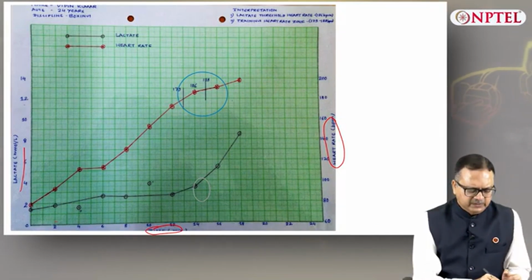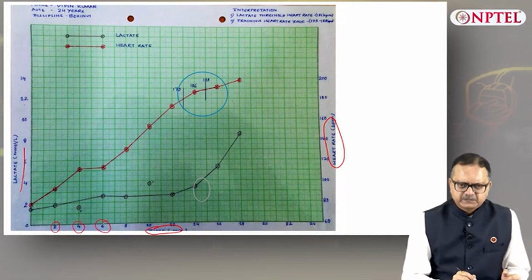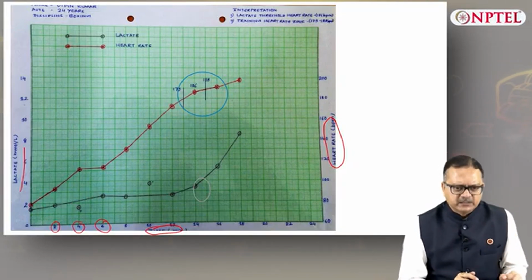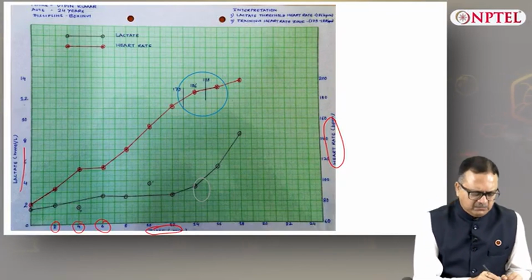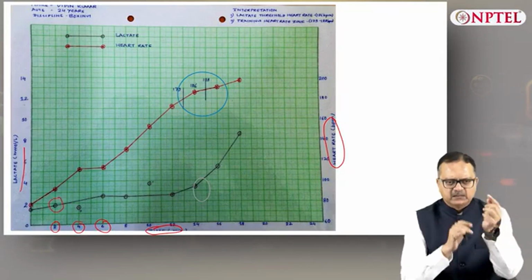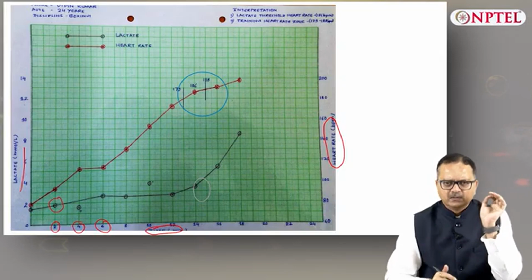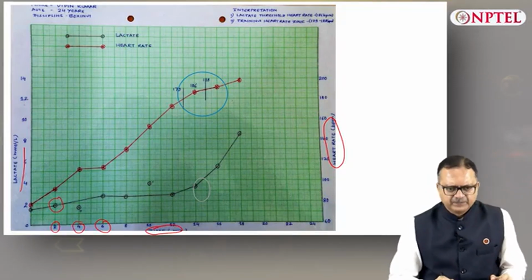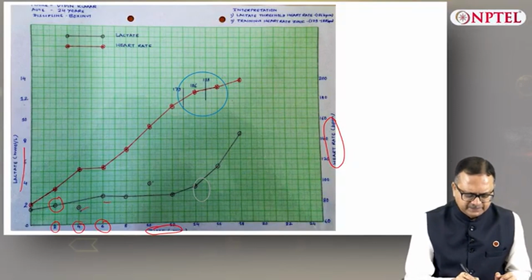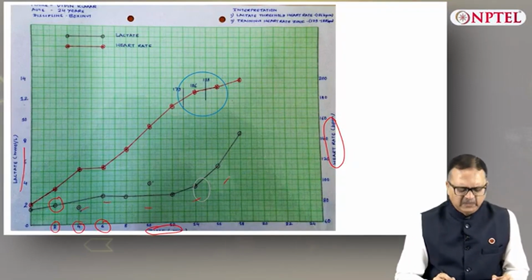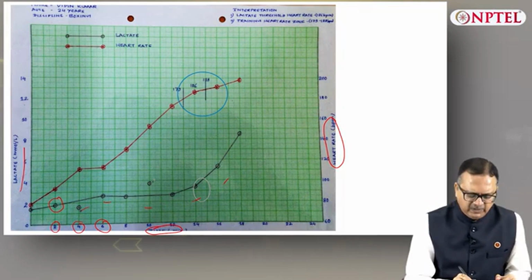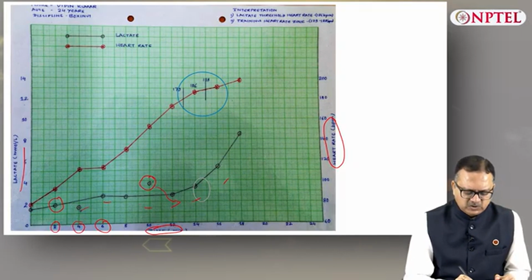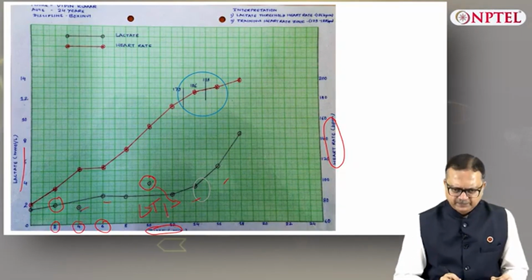You do it every 2 minutes. Every 2 minutes, when you increase the exercise intensity, you take blood from the athlete's fingertip for blood lactate estimation. You continue doing this. There will come a time when the blood lactate will rise up and then go back to the baseline. This is called lactate threshold 1.